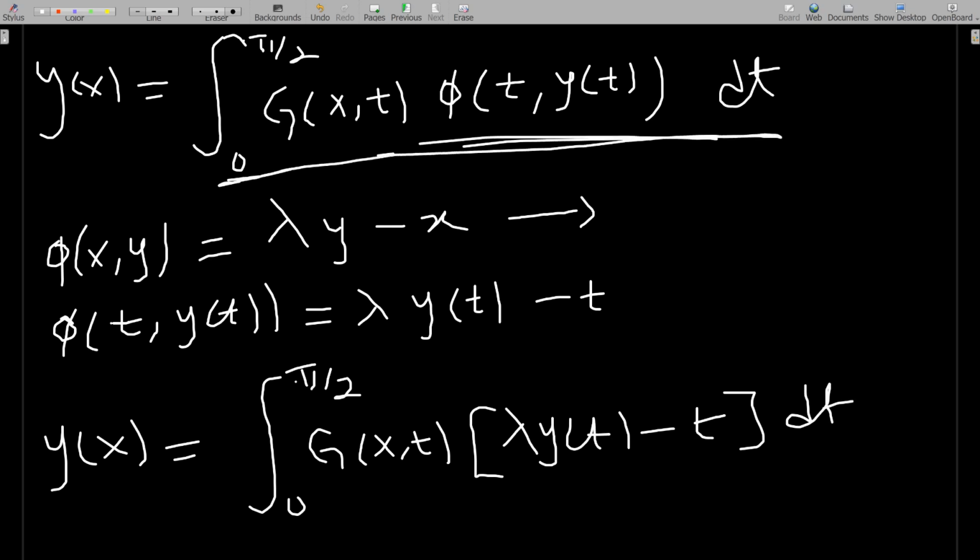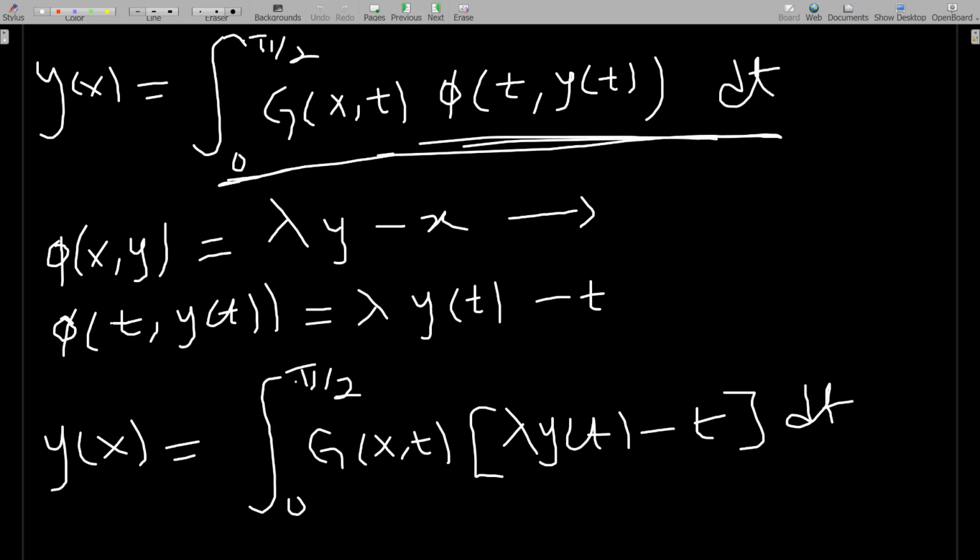Then after that you use your particular phi of t, y of t in your question, and then you come and solve it. So our task here is to solve this. Now let's expand this side, because there's some operator action here, that is the minus sign. When you do that, you have y of x being equal to lambda integral from 0 to pi on 2.